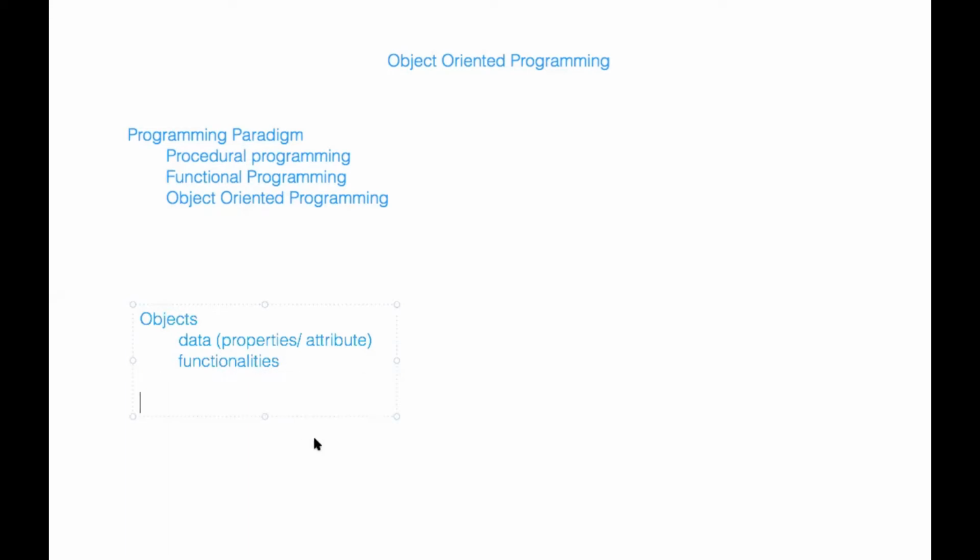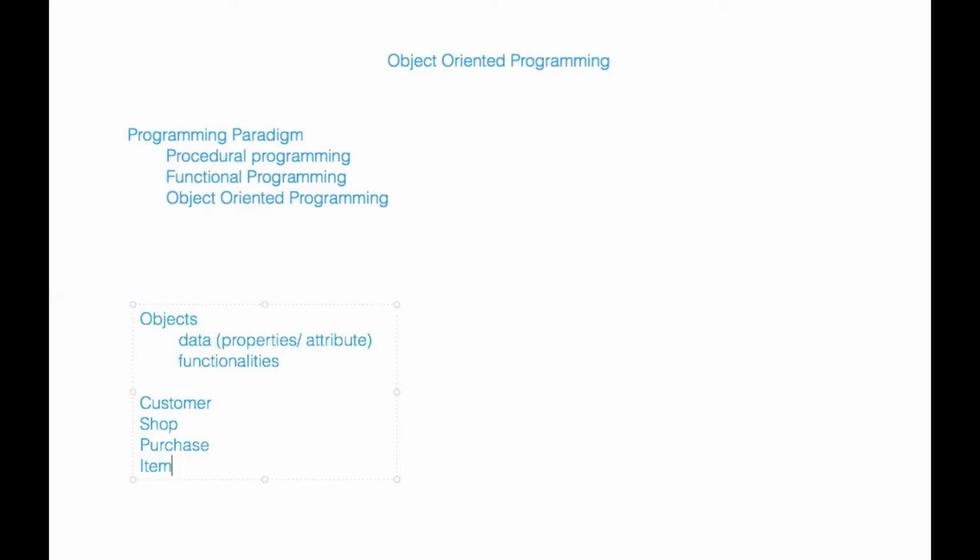Consider a problem statement like this. Customer comes to shop to purchase an item. So here in this particular problem statement, what are all the objects? We have customer, shop, purchase, item. These are some of the nouns in that problem statement.